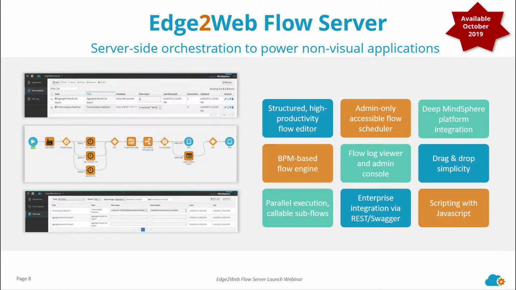It's focused more on allowing you to build batch-oriented server-side applications that execute on a defined schedule to access data, do analytics, however you want to manipulate that data, and then in certain cases, write aggregated results back to the platform or integrate with other enterprise applications, whatever you want to do. So when you think of these two products, Director is for user-facing applications, FlowServer is for server-side workhorse applications that typically operate in the background.